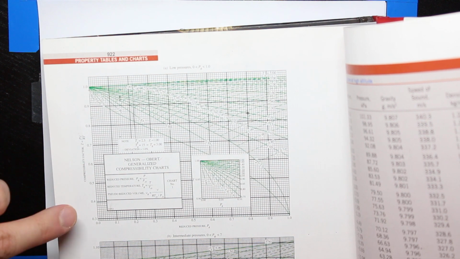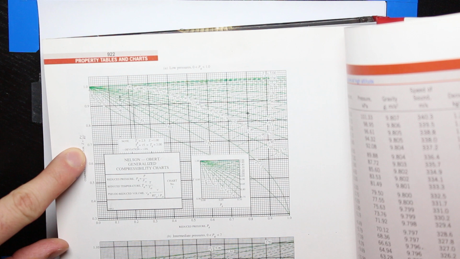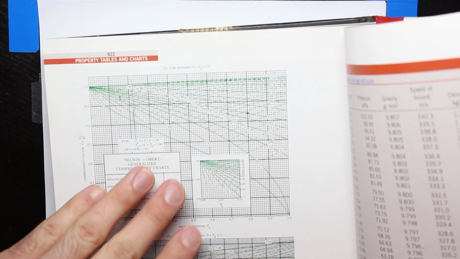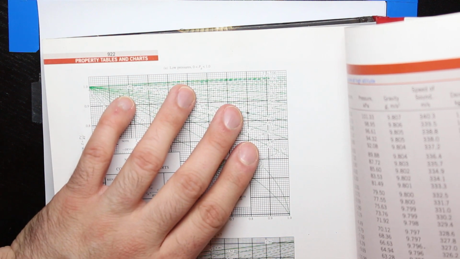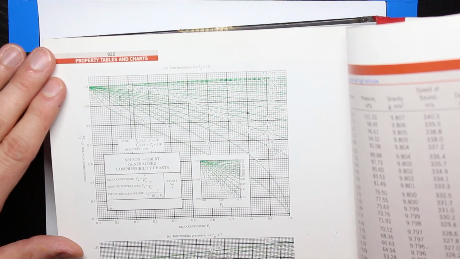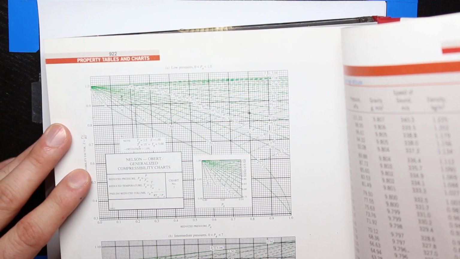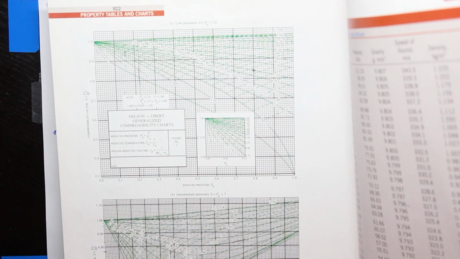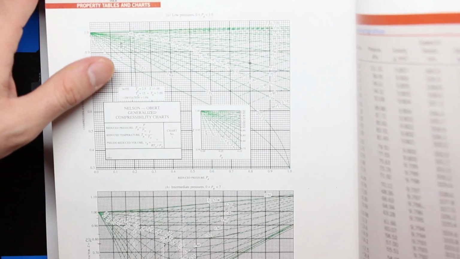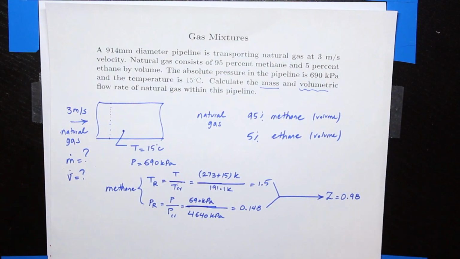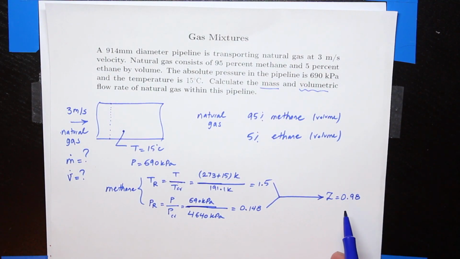PR is on the horizontal axis, and on the vertical axis, it's Z. So we are looking for Z. What we have is a bunch of constant TR lines, or constant reduced temperature lines. In A15, there are two figures, one on top and one on the bottom. The one on top has PR ranging from 0 to 1, and the one on the bottom has a wider range of PR, from 0 all the way to 7. Go through that and you should be able to obtain this Z value.